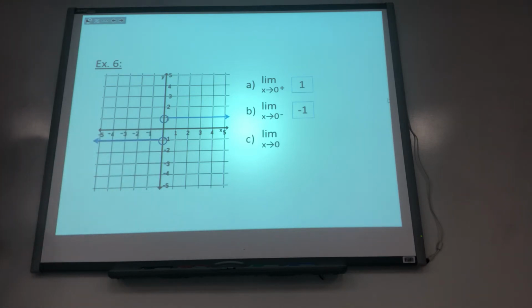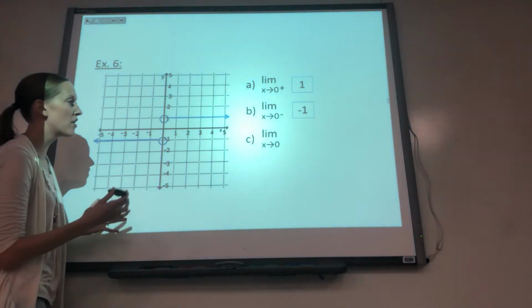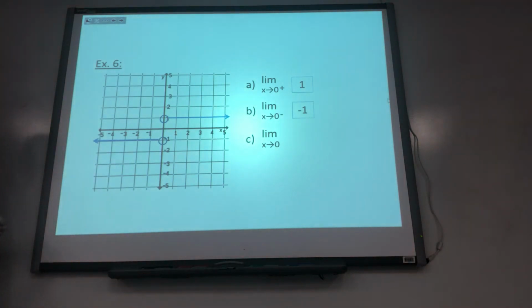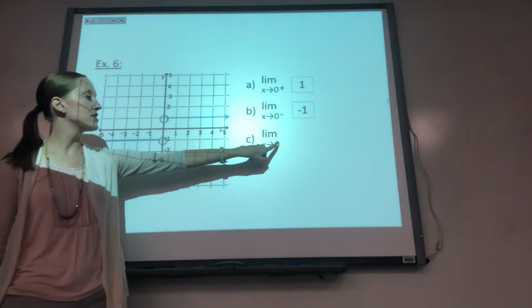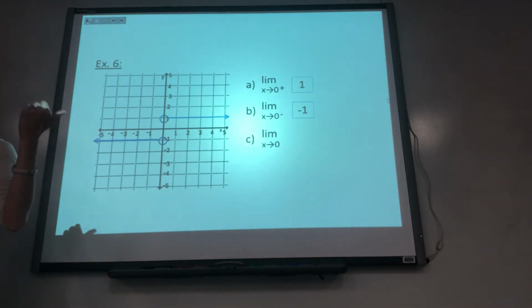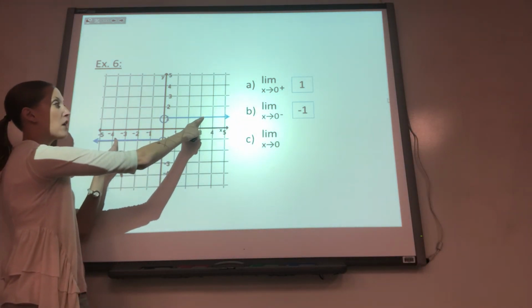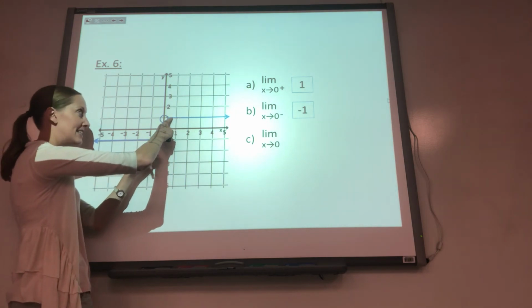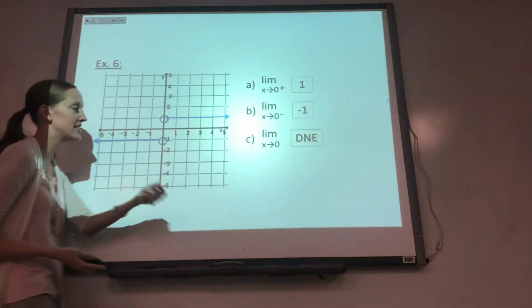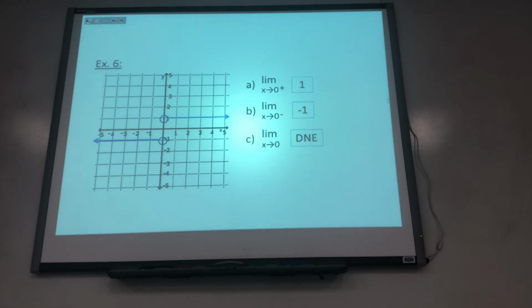Now, part C, I need to figure out, in general, the limit as x approaches 0. If there's no plus or minus, then you're coming in from both sides. What would you say about the limit as x approaches 0 from both sides? Does not exist. If your answers from A and B are different, then the limit is not going to exist for part C.